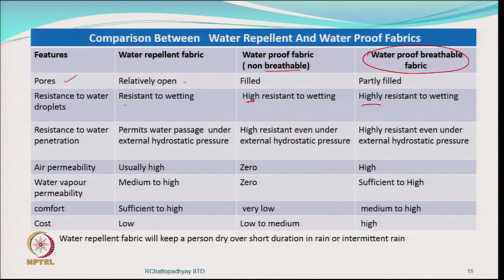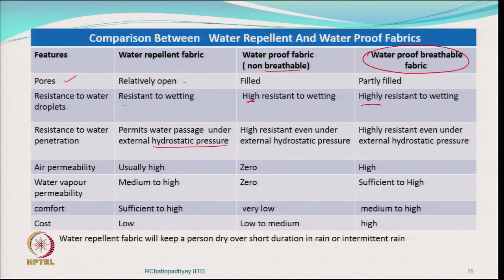From the resistance to water penetration point of view, water repellent fabric permits water passage under external hydrostatic pressure. If we increase the hydrostatic pressure, then some amount of water can penetrate. Waterproof fabric will be highly resistant to it, and waterproof breathable fabric also will be highly resistant.